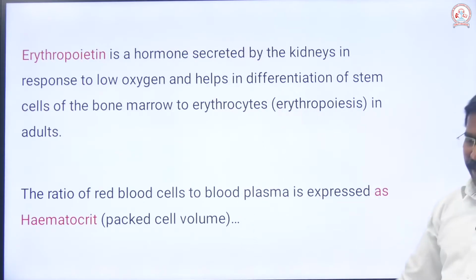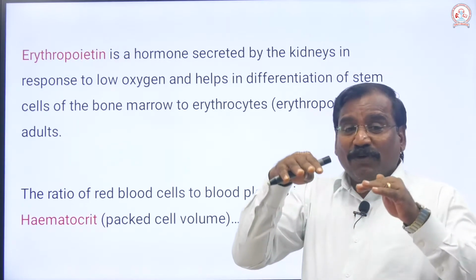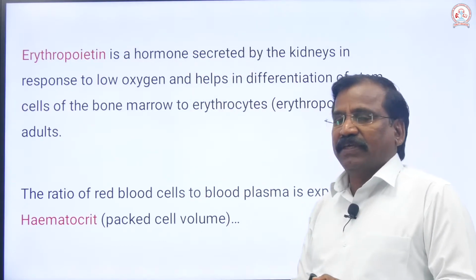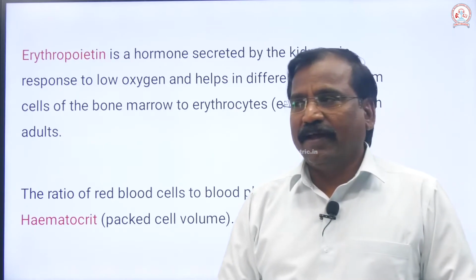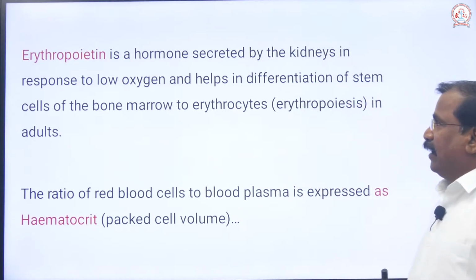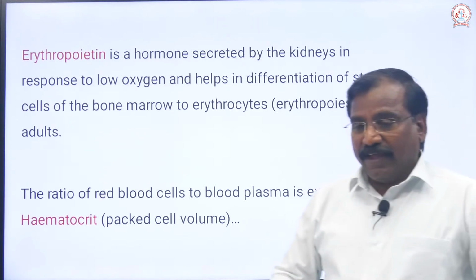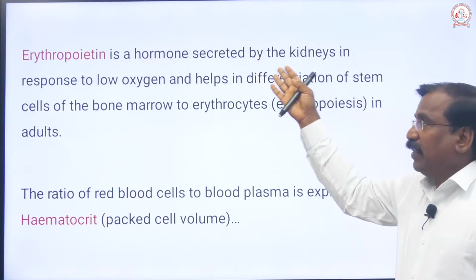And next is erythropoietin. We have already discussed erythropoietin and acute mountain sickness. If oxygen deficiency occurs, this information goes to the brain, and a hormone called erythropoietin is secreted by the kidney.